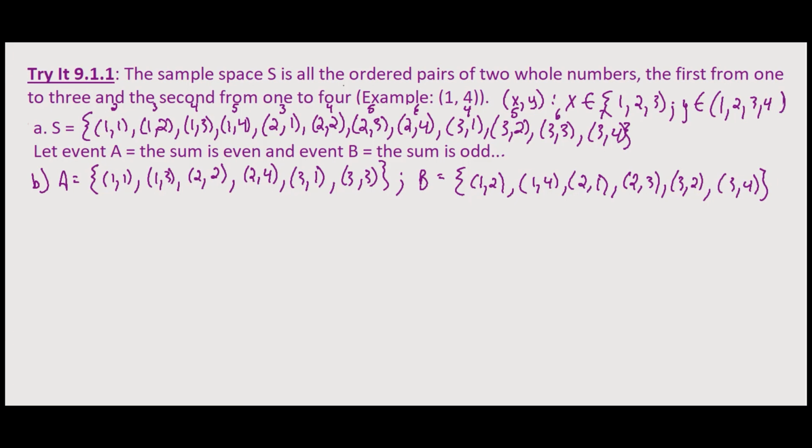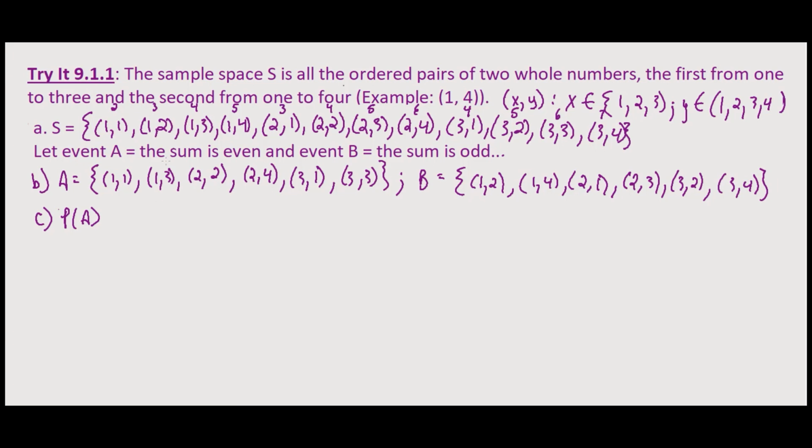Now part C, we want the probabilities of these events. So the probability of A. Well, how many outcomes in the total sample space are part of event A?